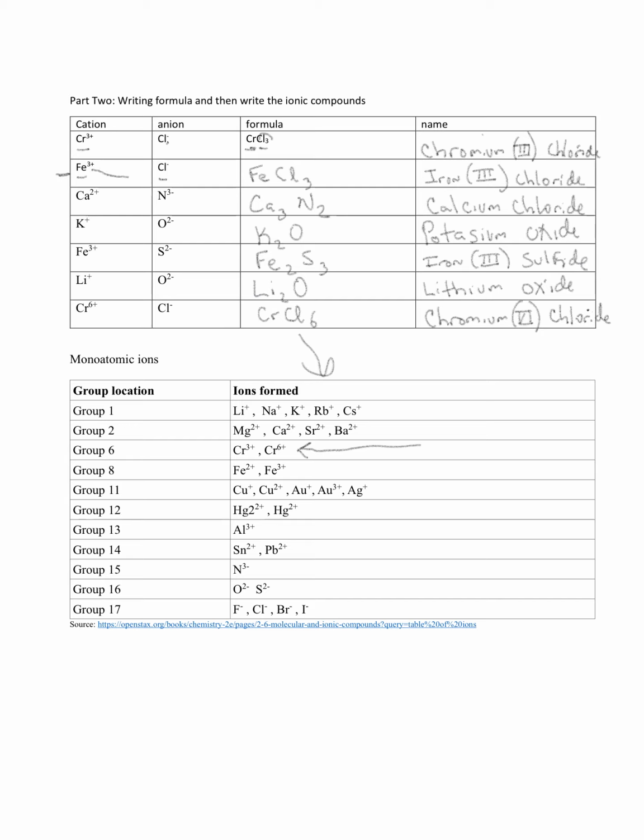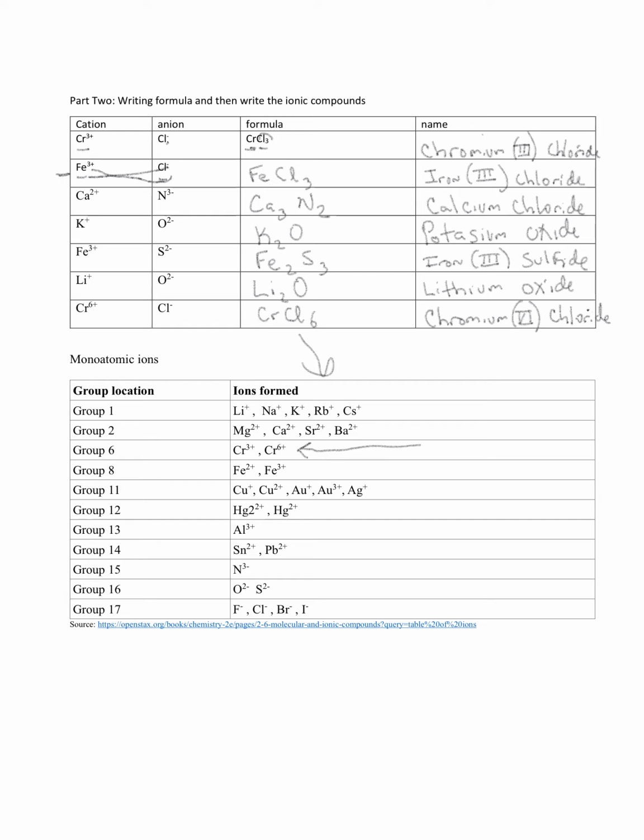So I'll take the charge for the iron and use that as the subscript for the chloride ion. And the chloride ion, I'll take the 1 and use that for the iron. So you got Fe, and there's only 1. I don't have to write the subscript 1, because it's understood. And then there's 3 chlorides.